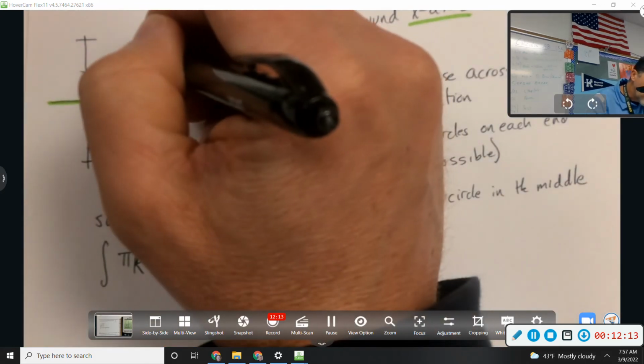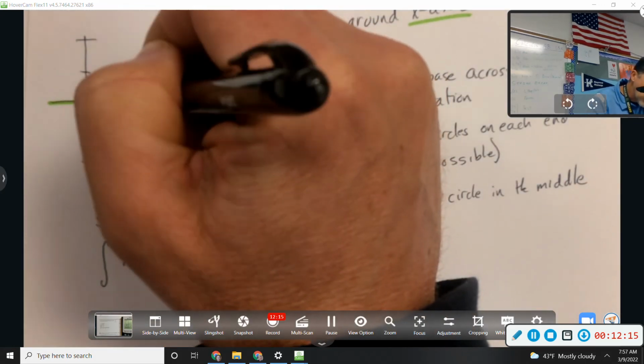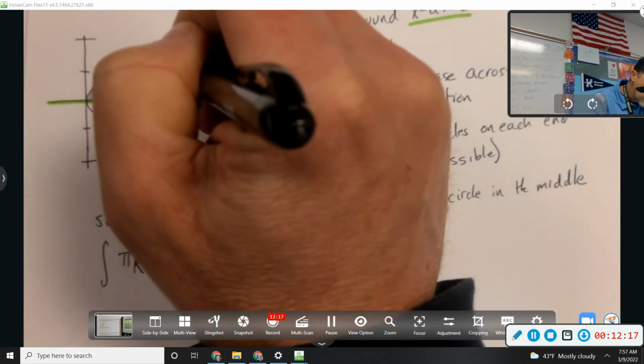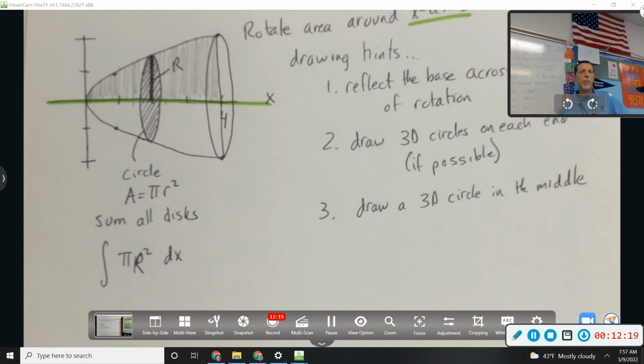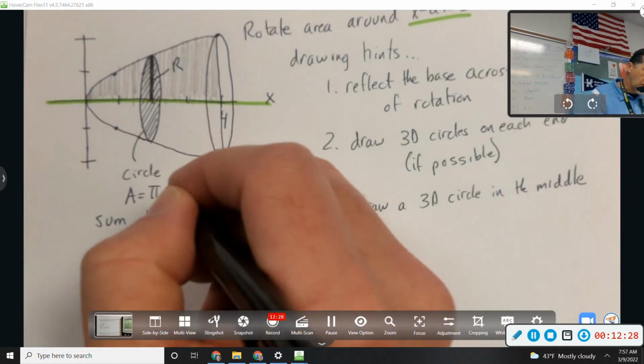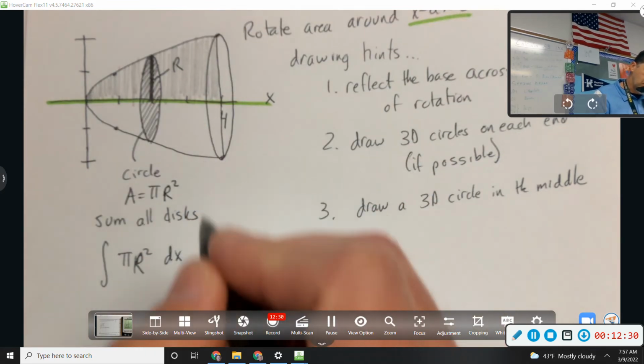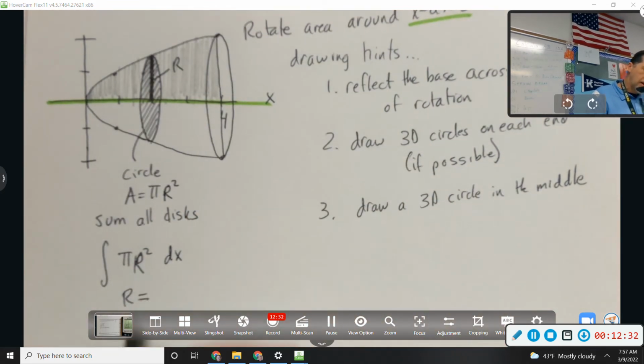So in my picture, there's R. But kind of like yesterday, I can't really integrate R squared dx. That doesn't really work. I need to know what big R is equal to. Is that an x distance or a y distance?